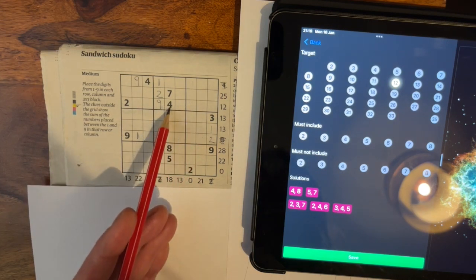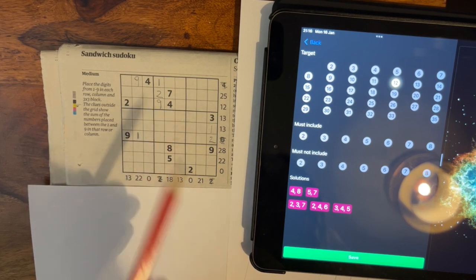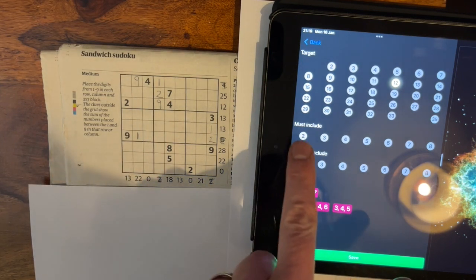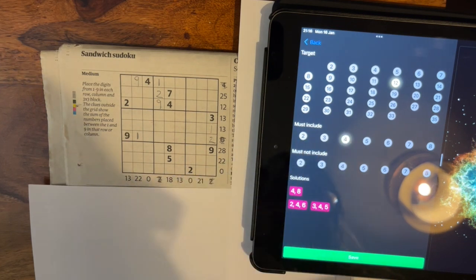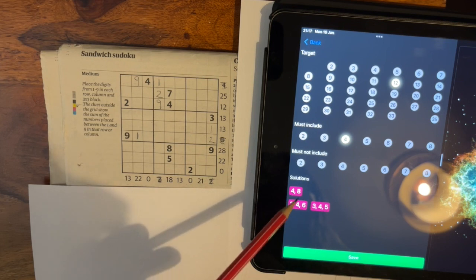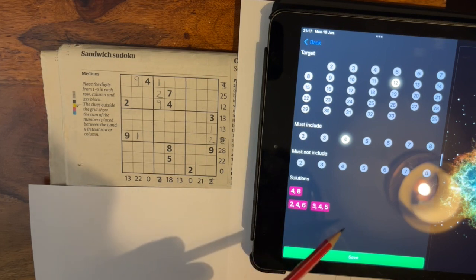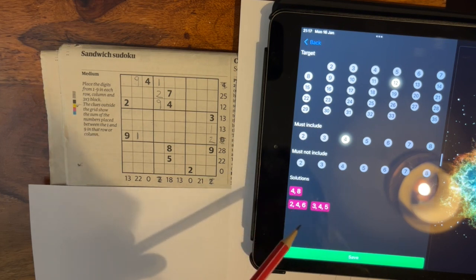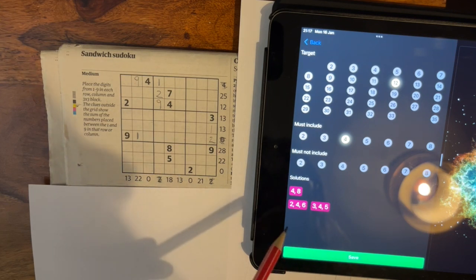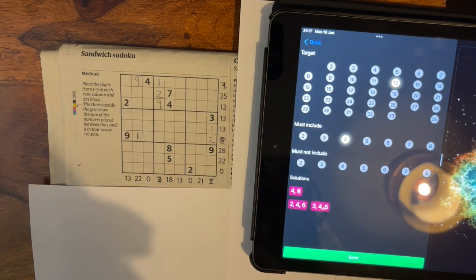What this means is the sum has to include number 4. So we've got this bit here that says must include. So we can say must include 4. And this narrows down the amount of answers it can be. It's still not helpful enough, because I'd like to know exactly how many digits, and it can either be 2 or 3.